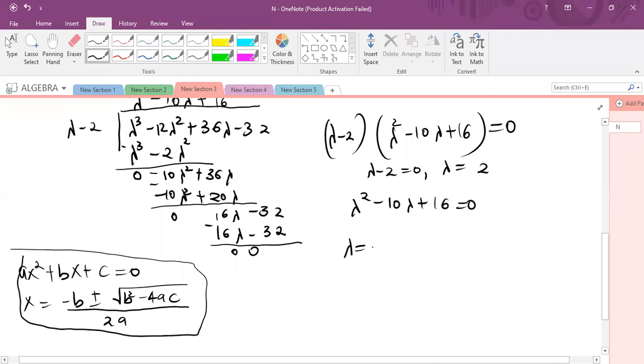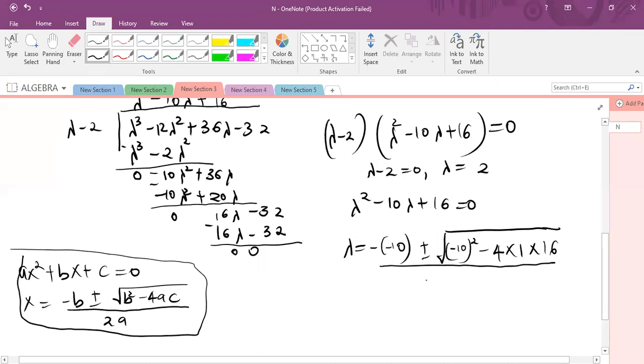So that's what I'm using. To get lambda, it will be minus minus 10 plus minus the square root of minus 10 squared minus 4 times 1 times 16, all this divided by 2 times 1. So what's the value of lambda? Lambda is equal to 10 plus minus the square root of 10 squared, that will give us 100, 100 minus 16 times 4.